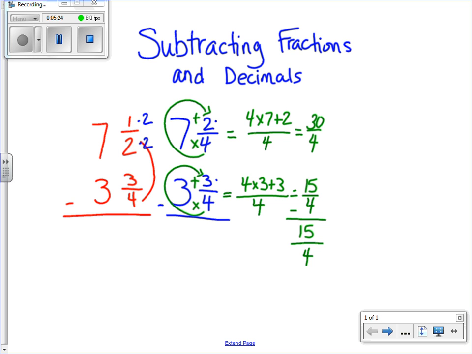Now I have an improper answer, and so I'm going to bring it back out and make it mixed. Remember, this is top dog, so he goes in his house, divide it out. Three and 3/4. Backwards check, just make sure, go back and make sure it still matches.